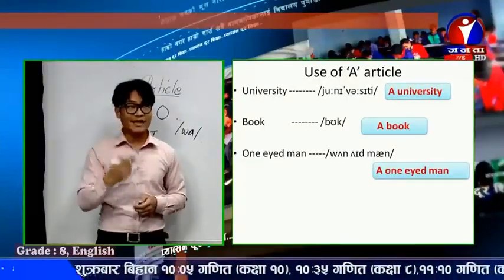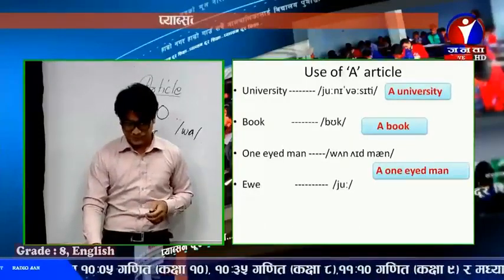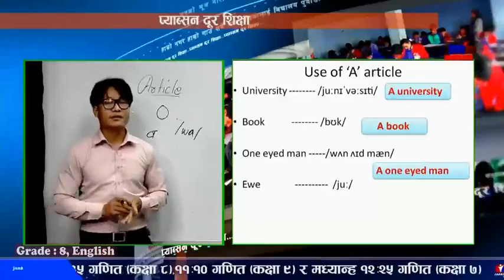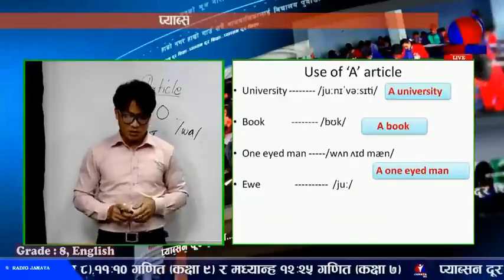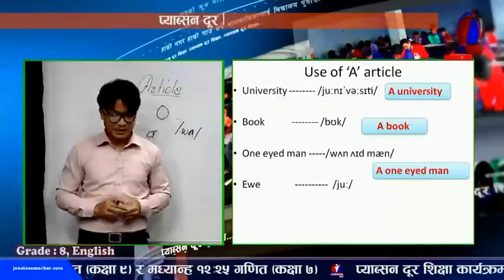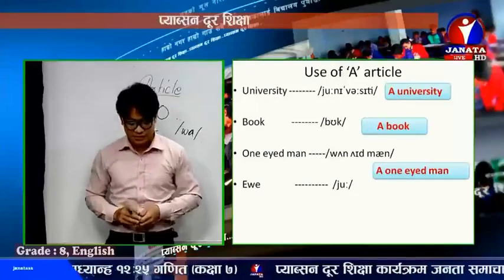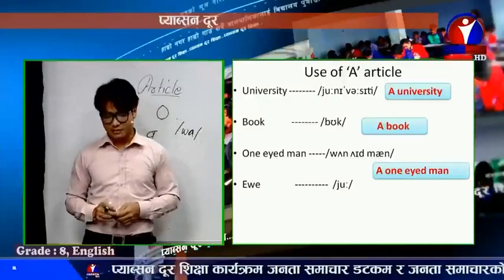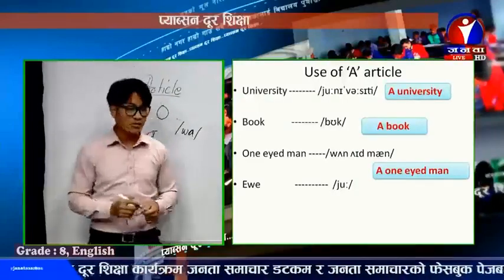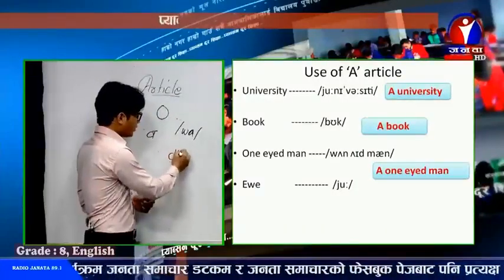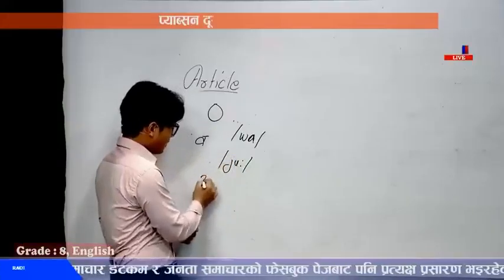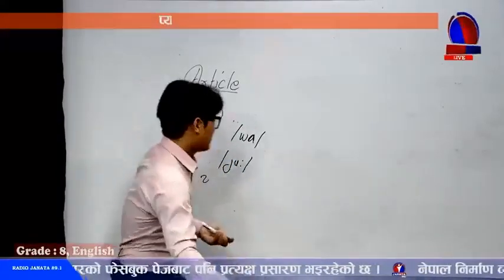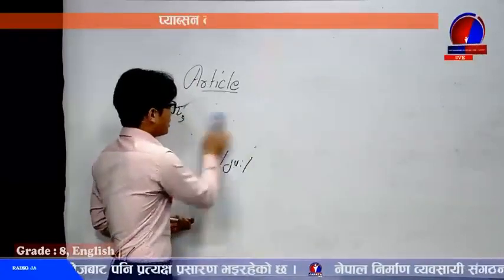And now next example is ewe. So this is a word which is highly asked in SEE examinations. So how do you pronounce this? I have written there the sound. It's pronounced 'yu'.